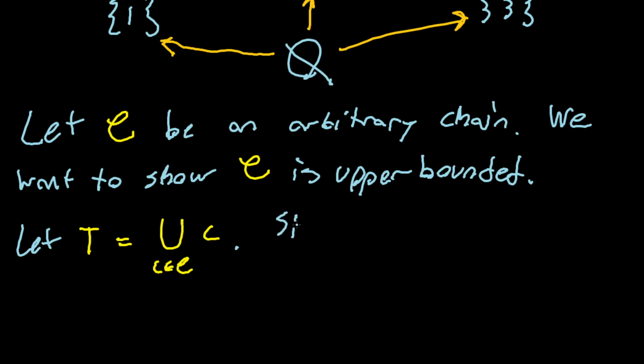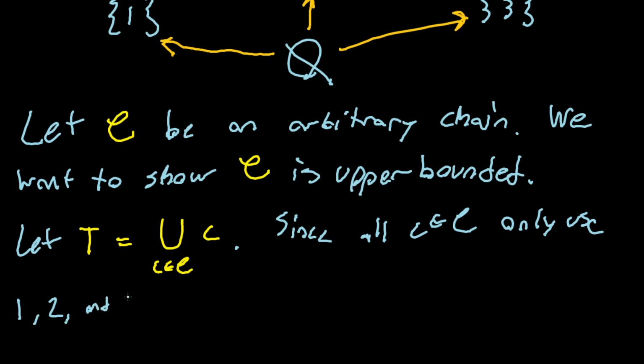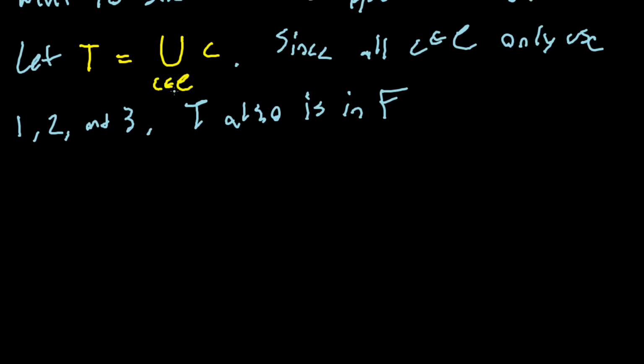So, since all C in the chain only use 1, 2, and 3, T also is in the family, right? So T also only uses the elements 1, 2, and 3. Obviously the union of a bunch of sets that only contain 1, 2, or 3 must produce a set that only contains 1, 2, or 3.